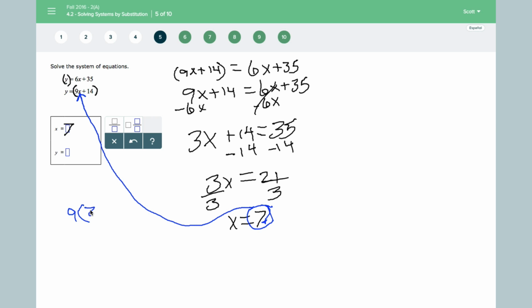It's 7, plus 14. Remember, when you plug in, you always use parentheses. Well, 9 times 7 is 63. So I have 63 plus 14. And 63 plus 14 is 77.